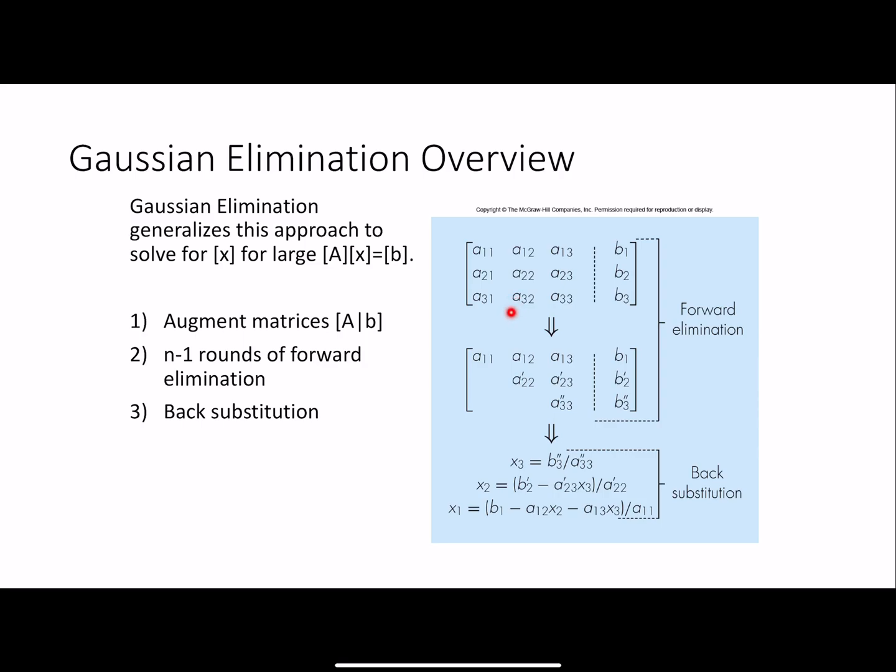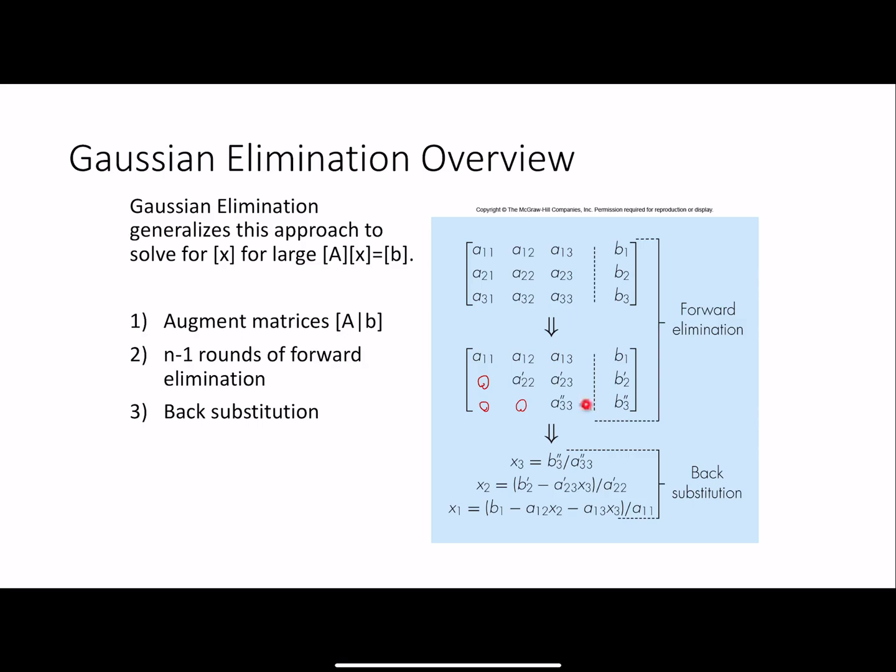We can use these tricks to rewrite this system of equations into another system of equations where the values below the diagonal will be 0. So the solution to this system of equations and the solution to this system of equations, again, are the same. So we can solve either.